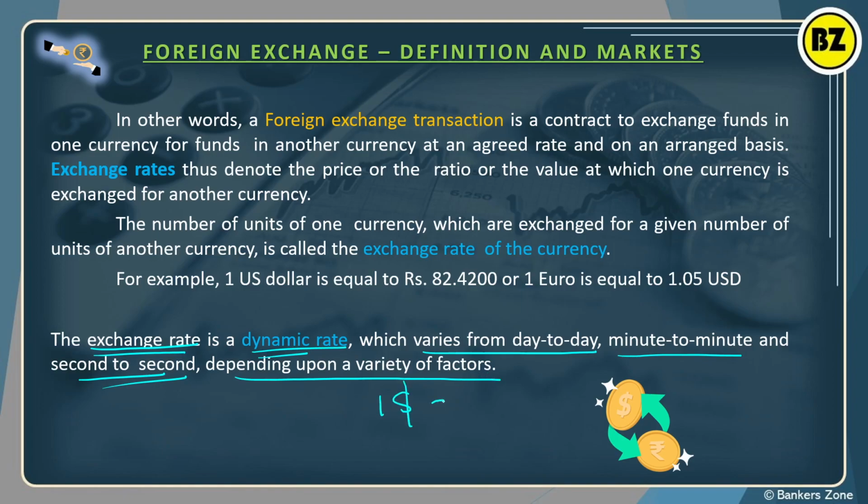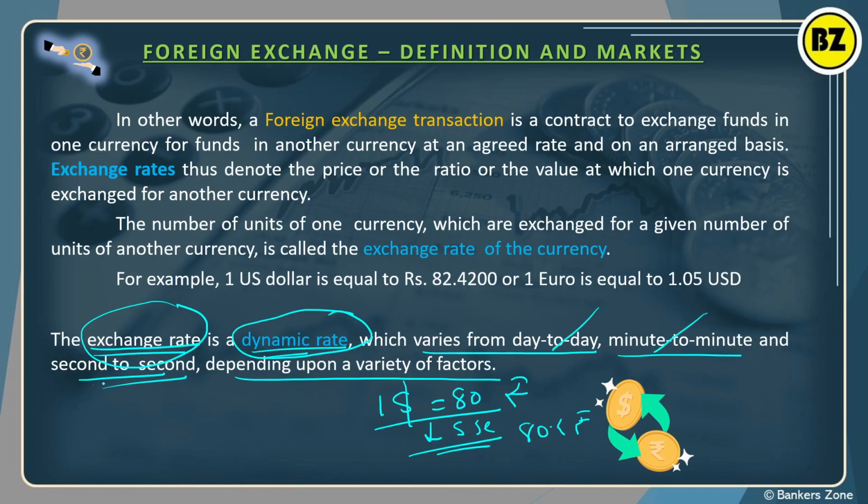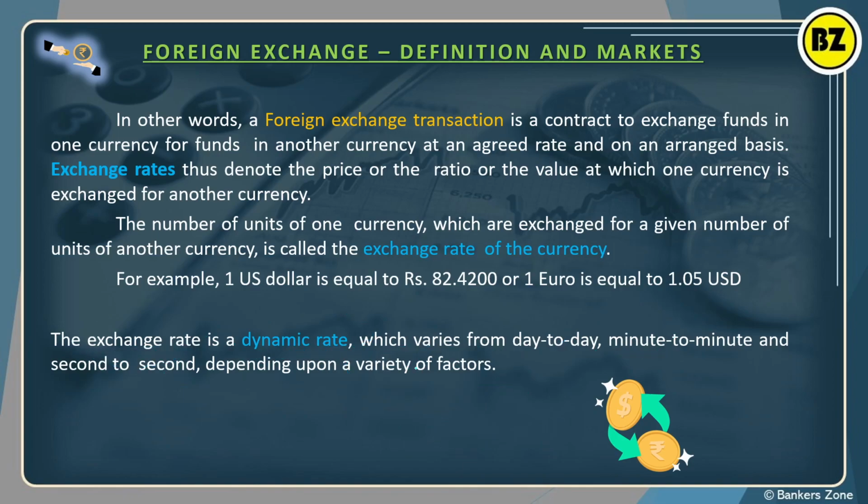So $1 is equal to 80 rupees, but if you check it after 5 seconds it will be changing, like 80.4 rupees. So whatever the exchange rates, they are very much dynamic in nature. It means it is changing day to day, minute to minute, or even second to second. And it changes depending on a number of different factors, which we will be discussing now.